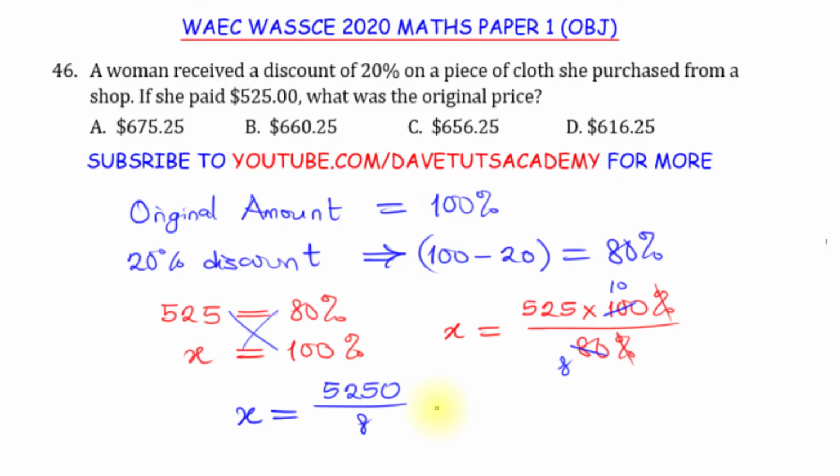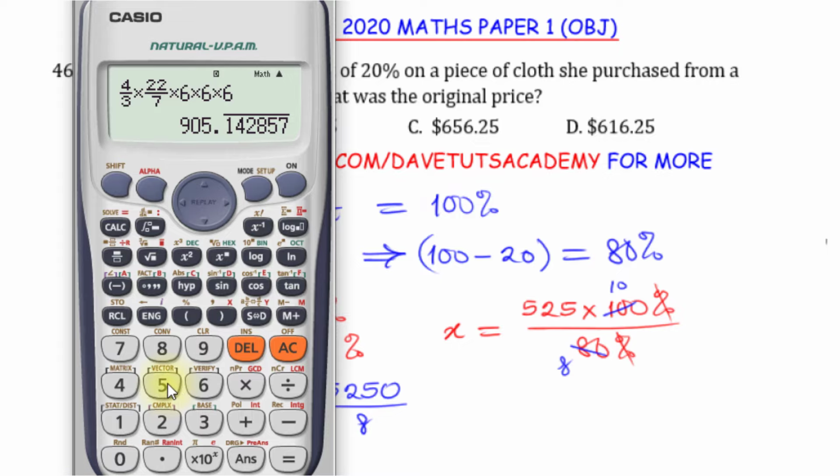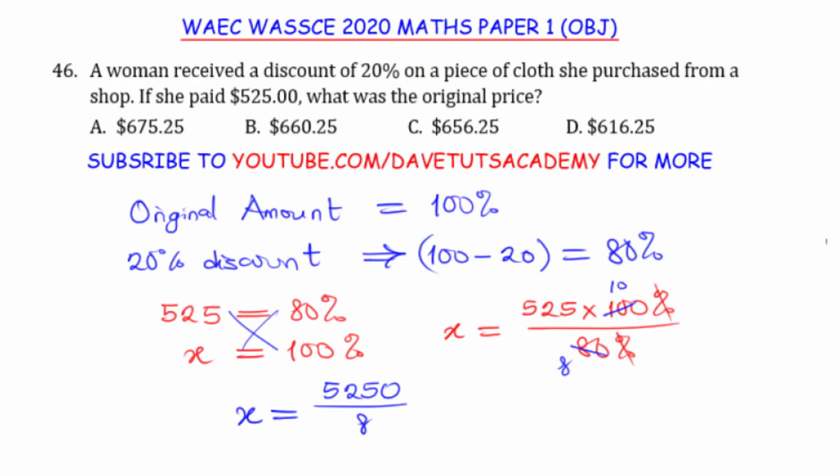If you want to evaluate that, we can bring in our calculator: 5250 divided by 8. What's that value in decimal places? That's $656.25. So that's $656.25.